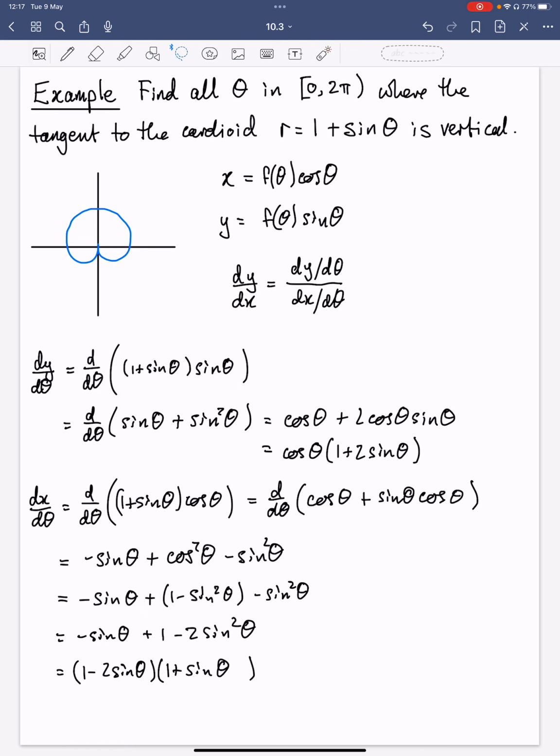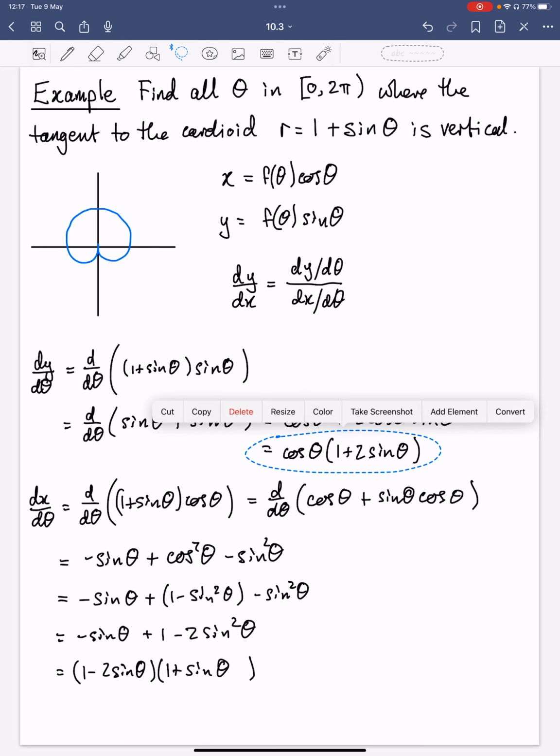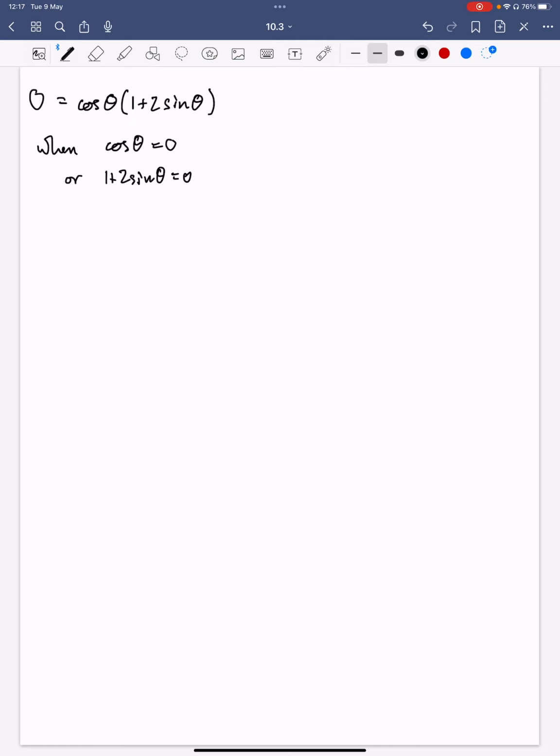So let's find all the zeros in the denominator, so that's this thing. So 0 equals this when I see cosine theta is 0, or 1 plus 2 sine theta is 0.